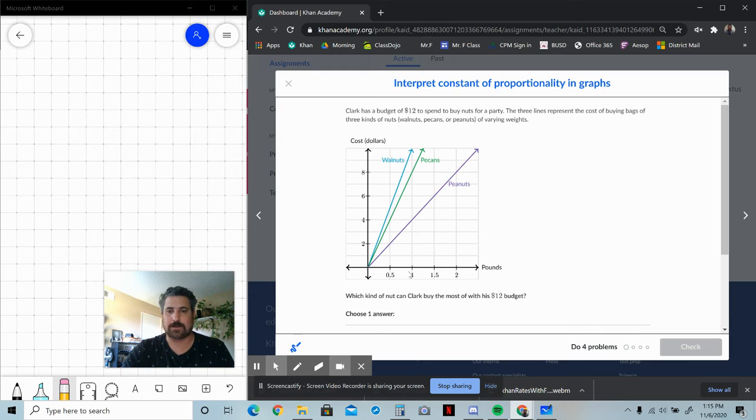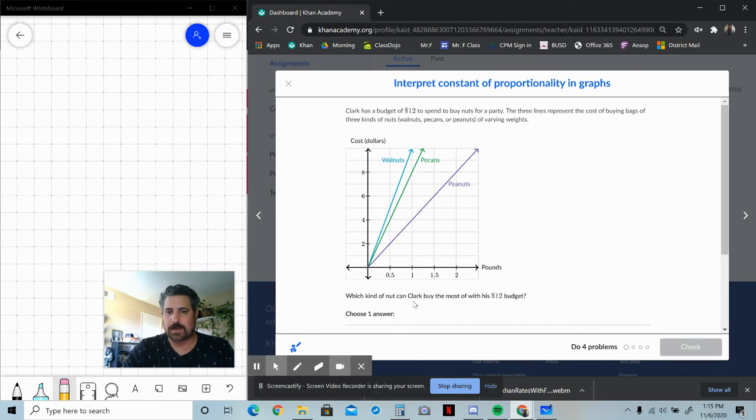As x increases by 1, y increases by less. Your unit price would be the value of y when x is 1. So you can see there would be our representation of the unit price for peanuts. There would be our unit price for pecans, and then walnuts would be somewhere up there, wherever it lines up perfectly. So that's kind of the idea.